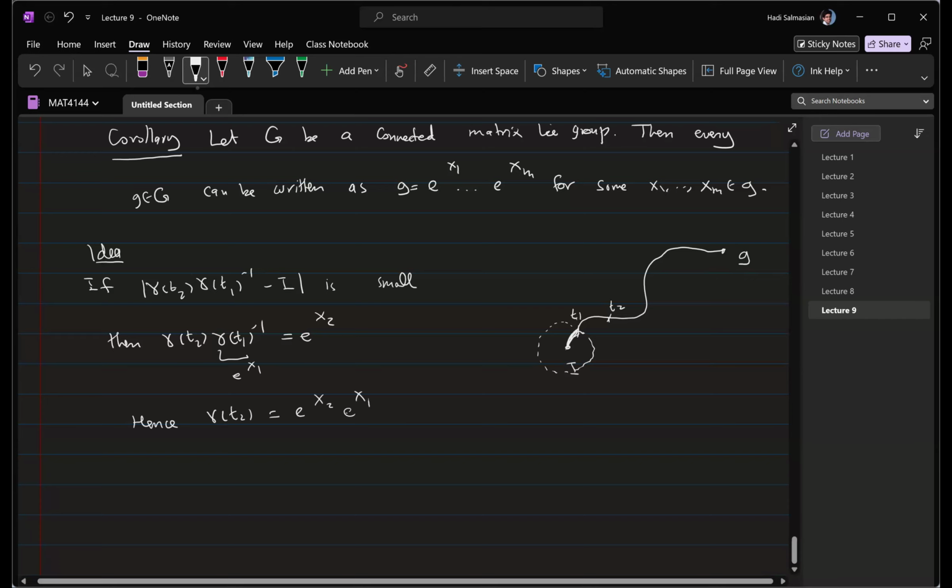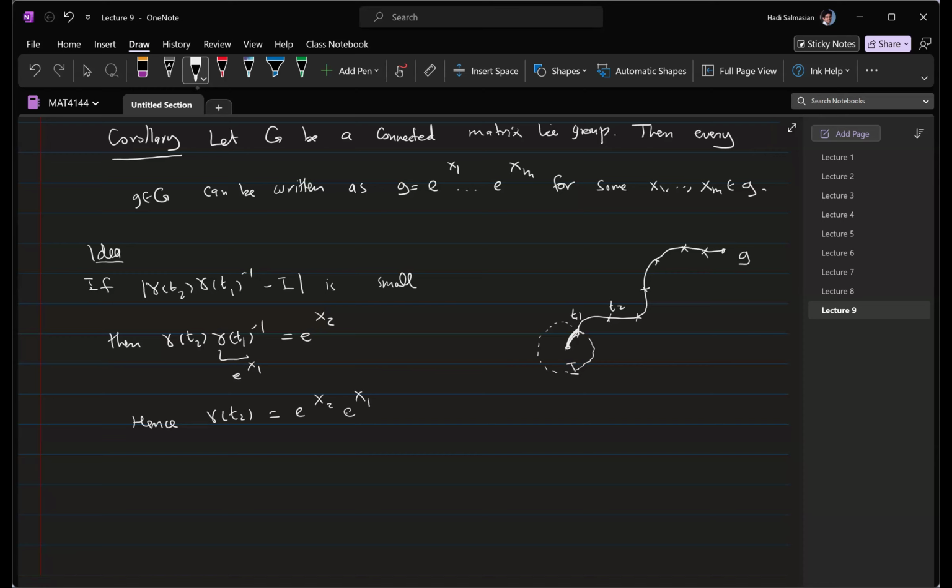So if I can find a sequence of points such that the ratios, gamma of t_(i+1) times gamma of t_i inverse, are within a small distance of the identity, then all of these ratios are exponentials, and you get a telescopic product.